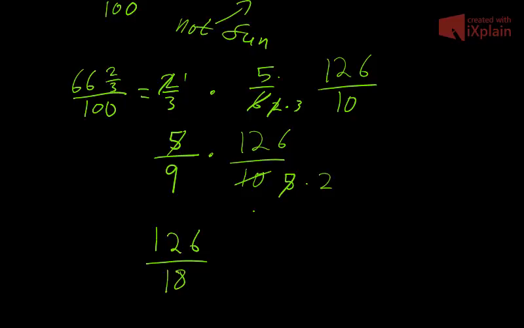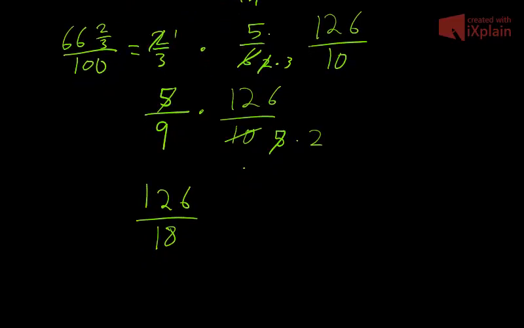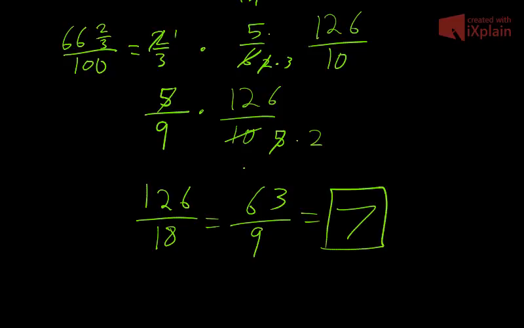And just for fun, let's see what all I can do. Simplifying this, 126 divided by 2 is 63 over 9, and 63 over 9 equals 7. So my answer there is 7. If we use decimals, because it would be a repeating decimal, we wouldn't have actually been able to get exactly 7, no matter how hard we tried. So it's a really good thing we use fractions for that.